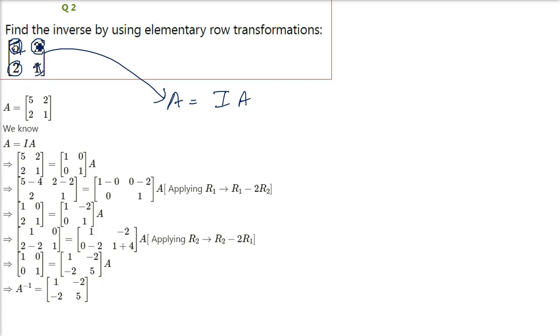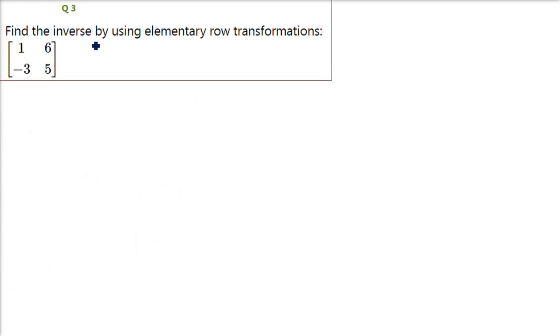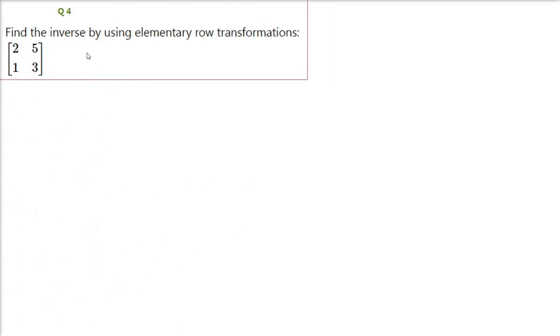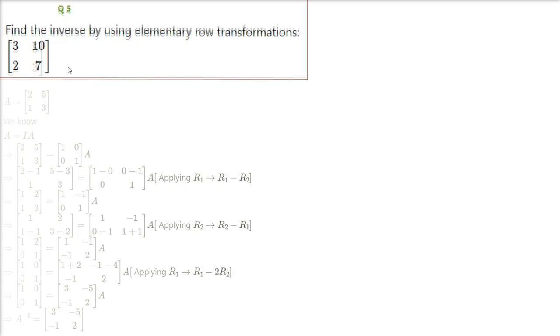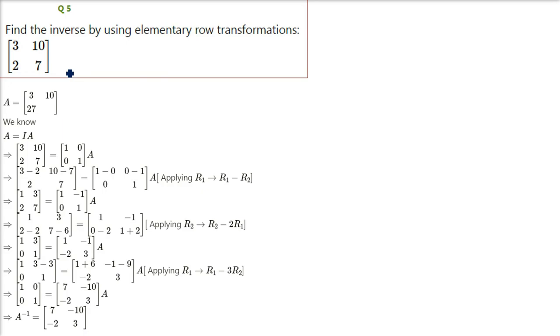So finally, when you make this left hand side A as identity, right hand side I will become the A inverse. So all these questions which are following are exactly similar. So I am just giving you a hint here and showing you the actual result. Whenever you are doing it by yourself, you can just have a glimpse here and see the answer if you need to. Same thing. The multiple questions are just because you need practice.